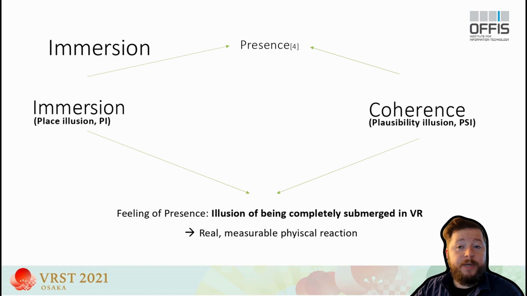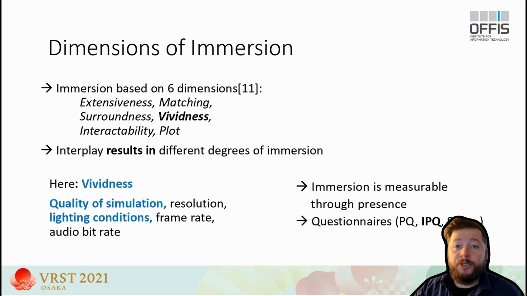These two concepts together lead to a feeling of presence, or more specifically, to the illusion of complete submersion in VR. Although immersion is based on 6 different dimensions, we focus solely on vividness, as it relates to those qualities of a system which we earlier identified as being a rather important cost factor during development.